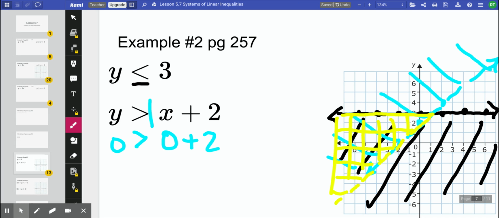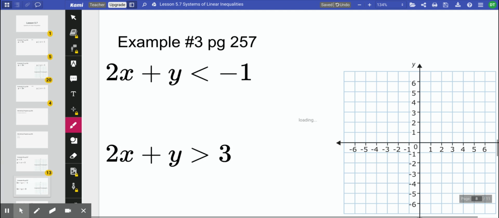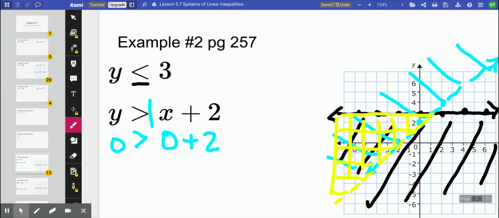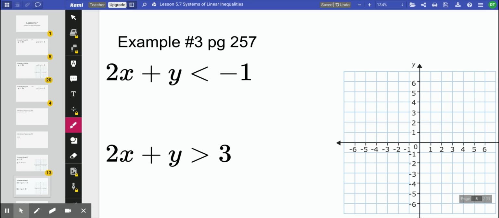Okay. Now, sometimes when you're graphing them, they kind of overlap and you get this little piece of the pie, is what I call it. That's the solution set. But we can get other situations like what we get here in this example. So great opportunity to use the ax plus by equals c part.